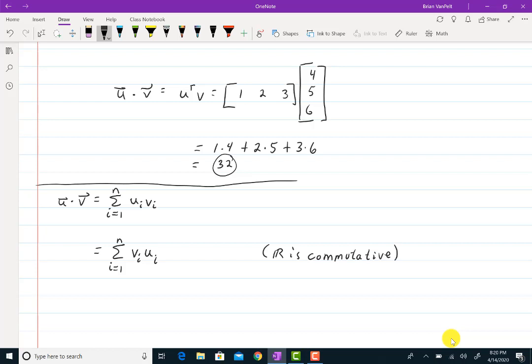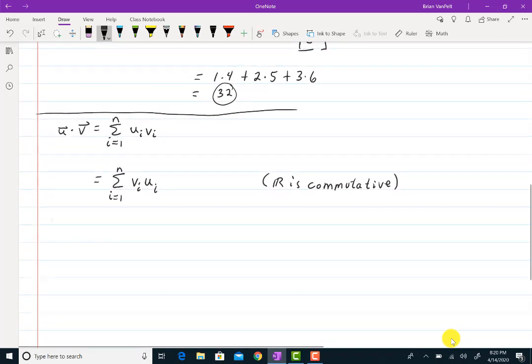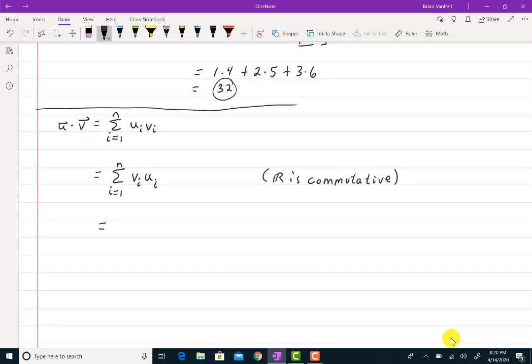So what I did is I swapped those in the realm of the real numbers. And this, of course, is then going to equal V dot U. So the dot product, or the inner product, is commutative.